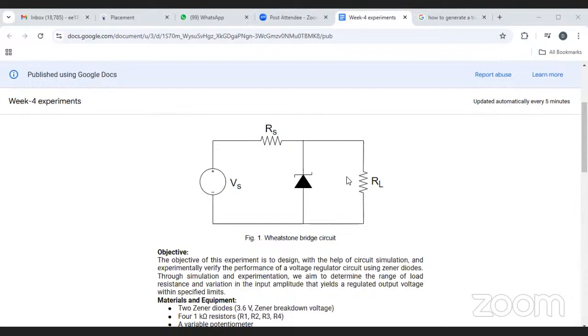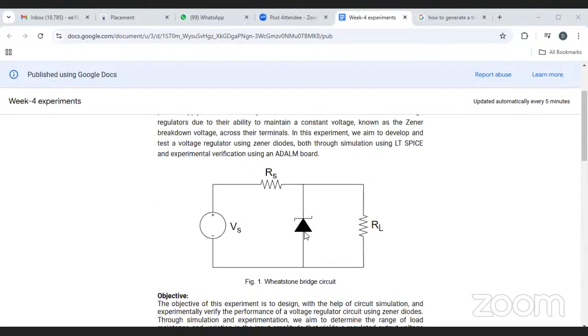This is the load. Let's say we'll have a pulsating voltage, which will change very rigorously. There is a source resistance connected to the source voltage so that the Zener doesn't get damaged in case of uncontrolled current flowing out of it.